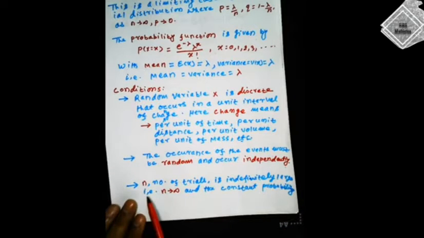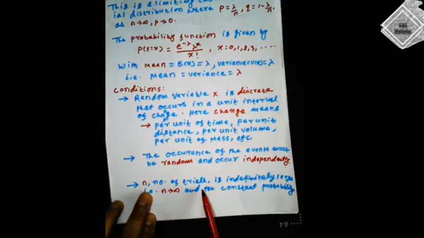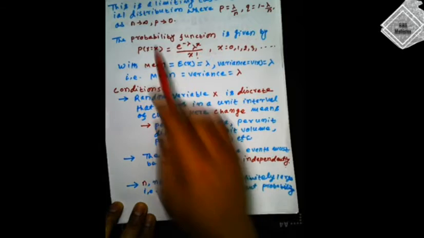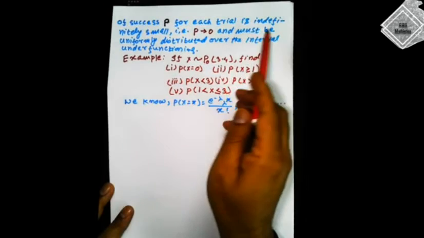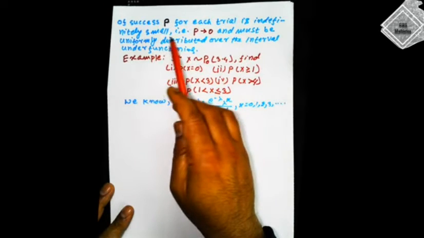Now another feature is n. n is the number of trials. It should be indefinitely large, as here n tends to infinity, and the constant probability of success P for each trial is indefinitely small.